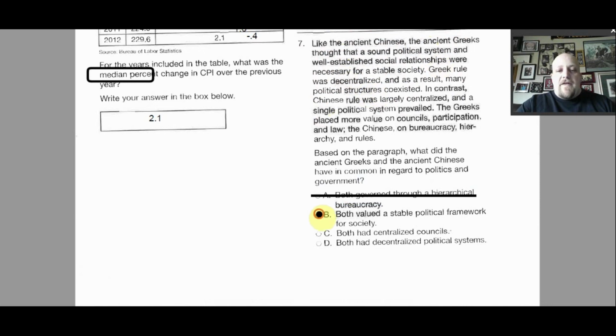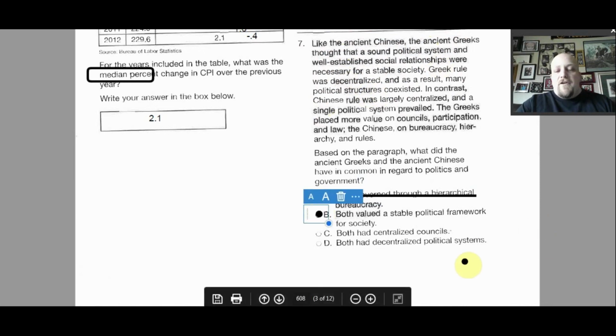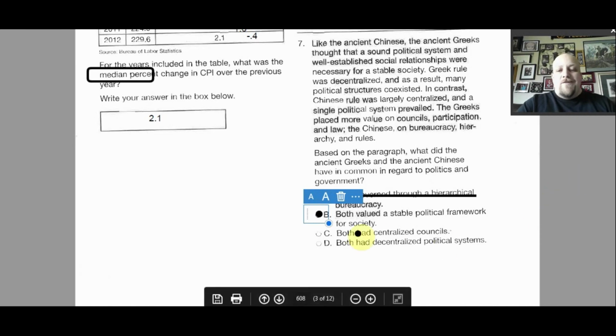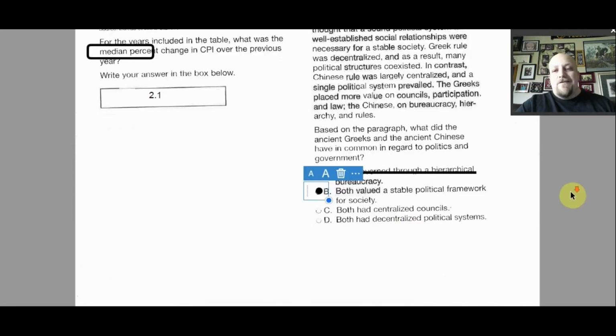So that's going to be your answer. You can look at the next two. You don't have to. It's easy. If you know the answer, just go ahead and click that answer if that's what you're sure of. You can look at the next one, but they're both not going to be correct because neither one of them, only one had a centralized government and only one had a decentralized government. So there's kind of that.